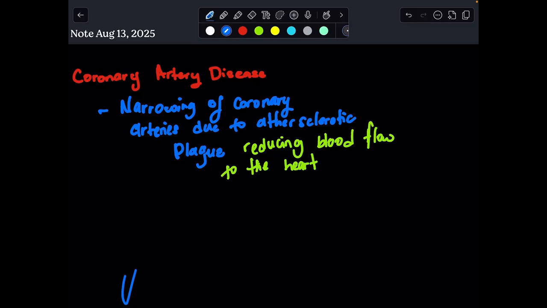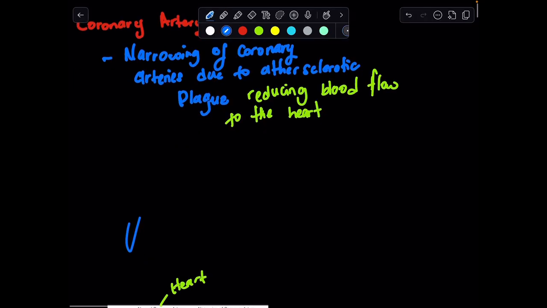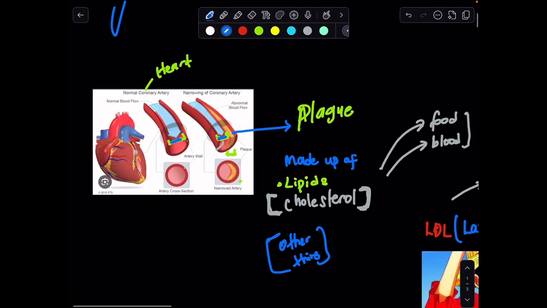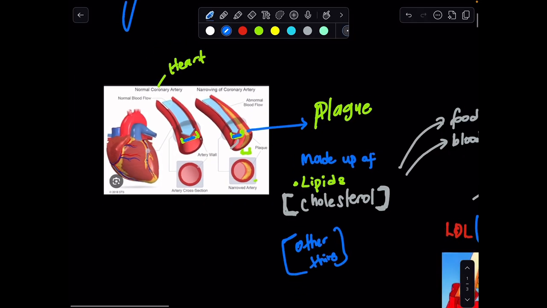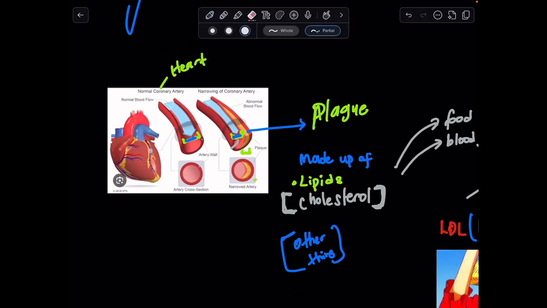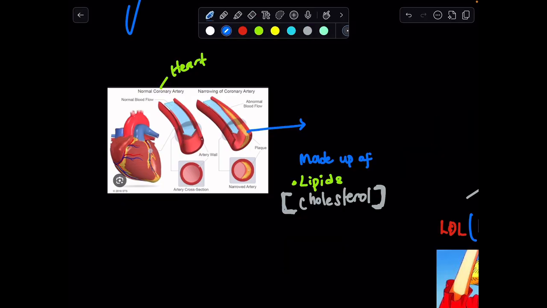The definition is pretty self-explanatory, but I'm just going to show you a diagram so that you can have a mental image.